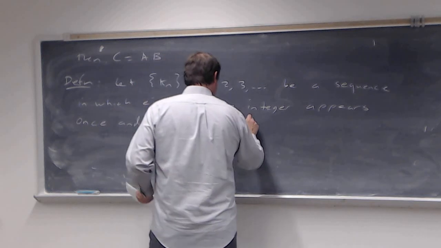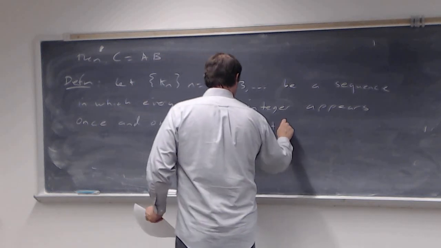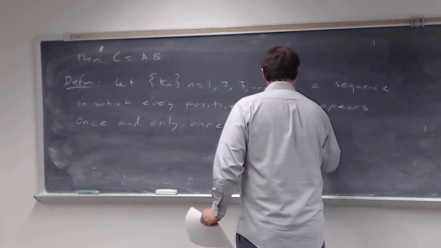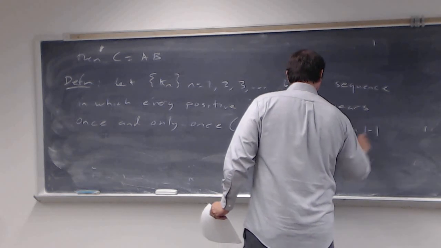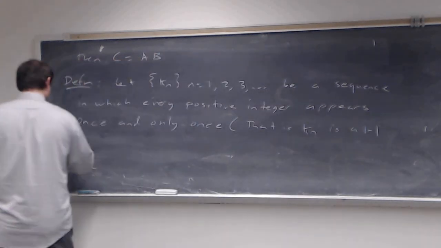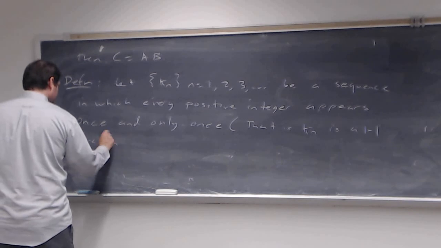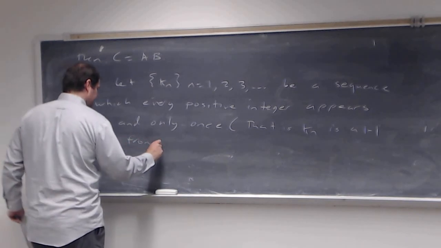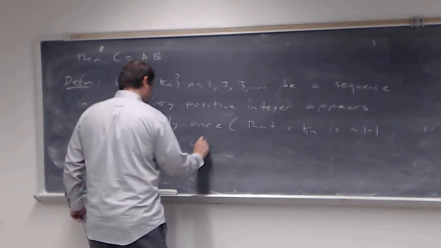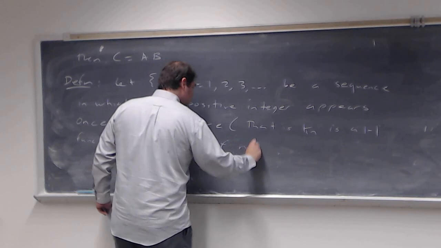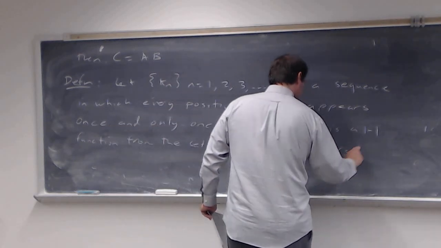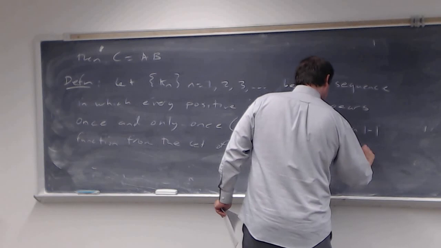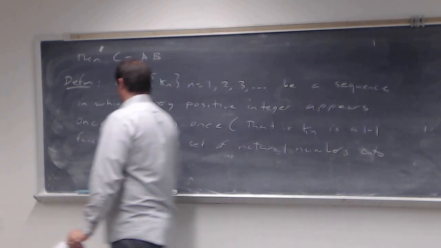What that means is that k sub n is a one-to-one function from the set of natural numbers onto the set of natural numbers.